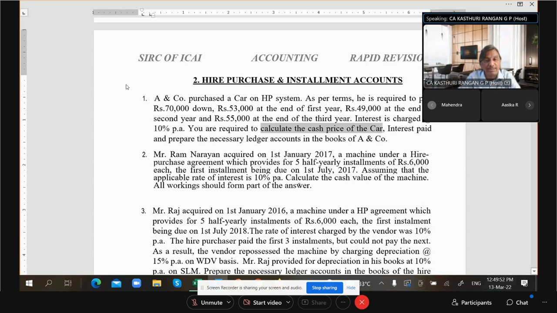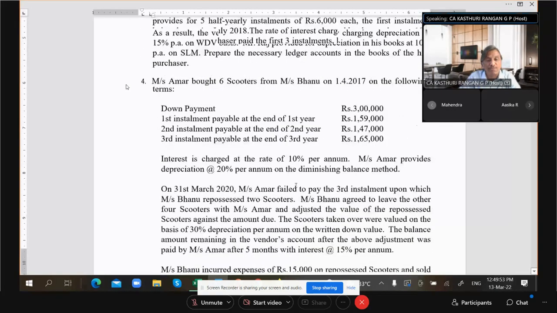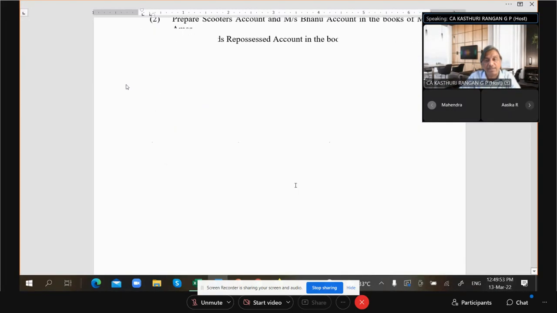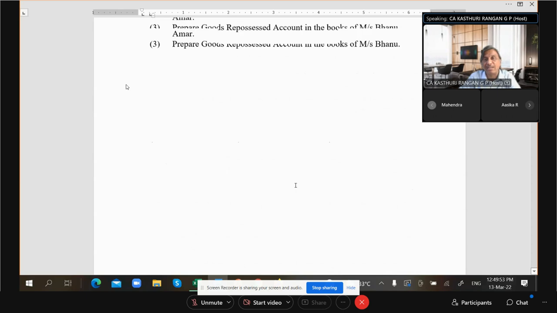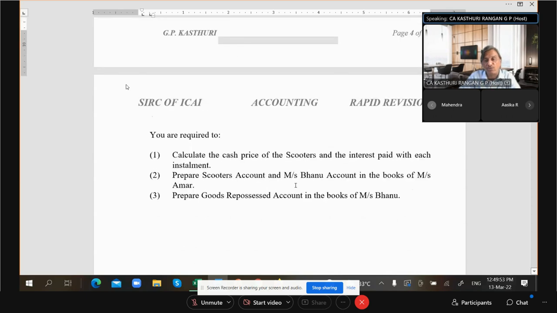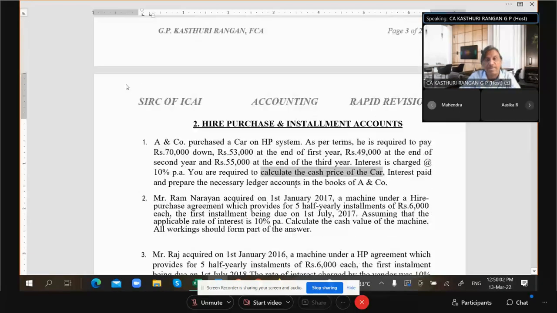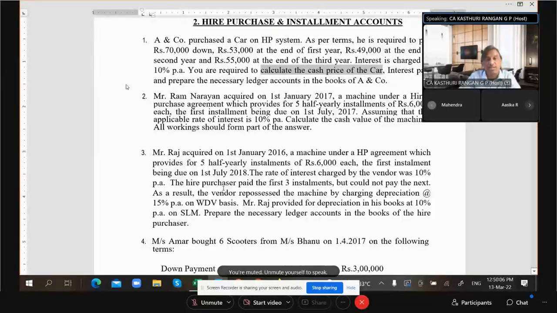Like that, I have taken some 4 or 5 problems under this chapter. Each chapter I can do only 3 or 4 problems with the available time. In all the 4 problems, we'll be asked to determine the cash price. Not only that, we have to prepare the necessary ledger accounts also.